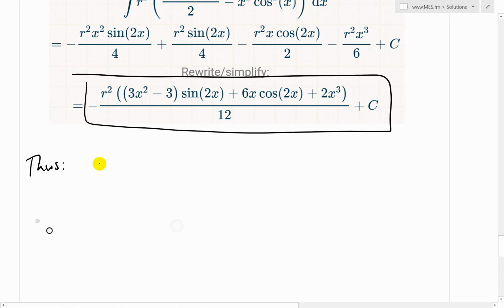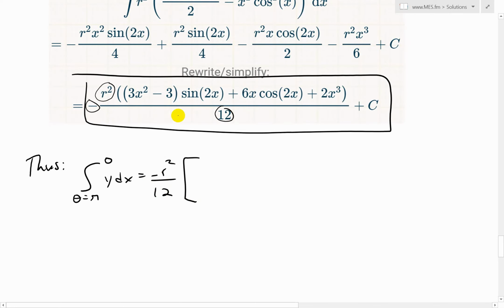So thus we have the integral from pi to 0, or theta equals pi to 0, of y dx equals this entire thing. What I'm going to do is take out the constants, which are the r squared and the negatives, as well as the 12, so that we have negative r squared over 12, and then we could remove that c, this is just going to be 3 theta, where x in this case is just equal to theta.